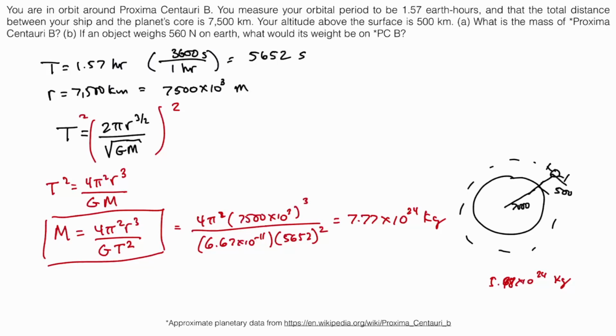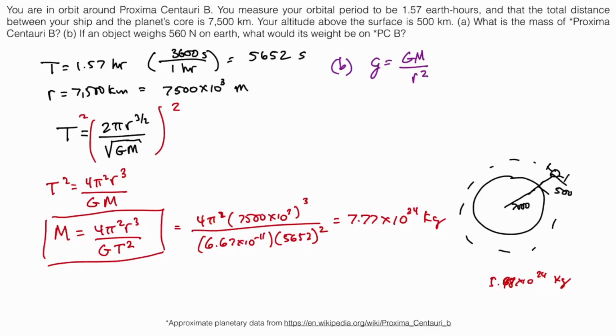Is little g different on Proxima Centauri b? Yes, because we already figured this out in part B. Little g is big G times the mass of the planet divided by r squared.